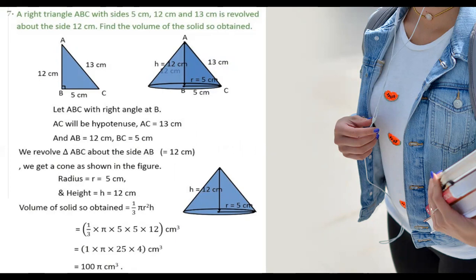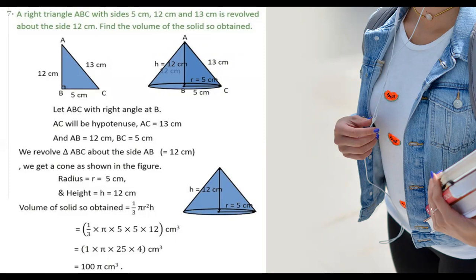At angle B, it is a right angle, that is 90 degrees. The side opposite to 90 degrees is called the hypotenuse. Now let us suppose AC is 13 centimeters, the largest side, BC is 5 centimeters and AB is 12 centimeters.